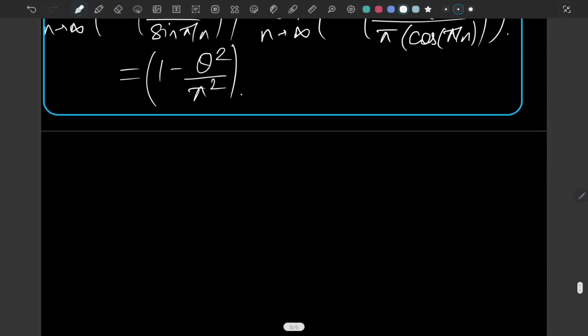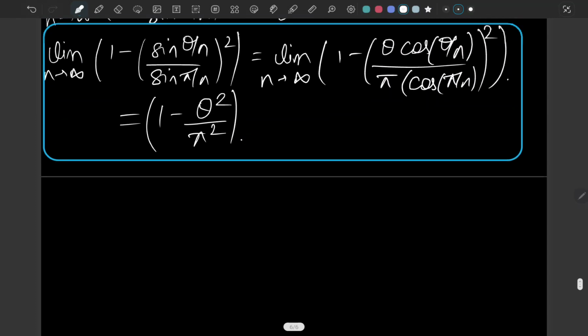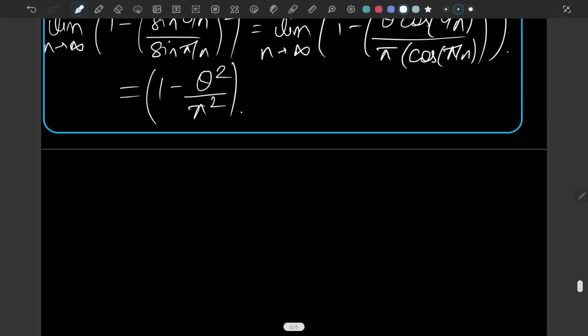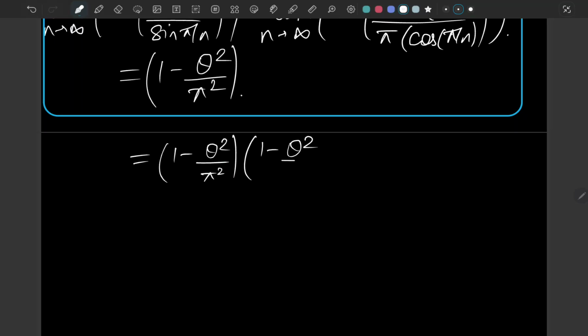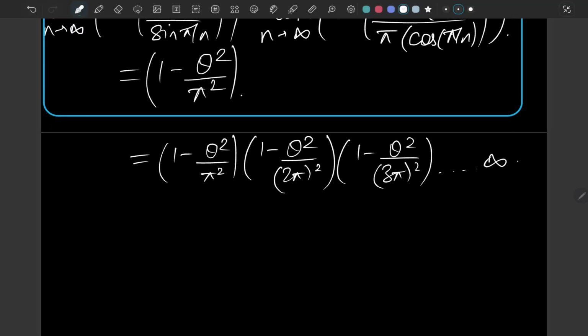So this limit evaluates to 1 minus theta squared over pi squared, times 1 minus theta squared over 2 pi squared, and then 1 minus theta squared over 3 pi squared, and it keeps going up to infinity.